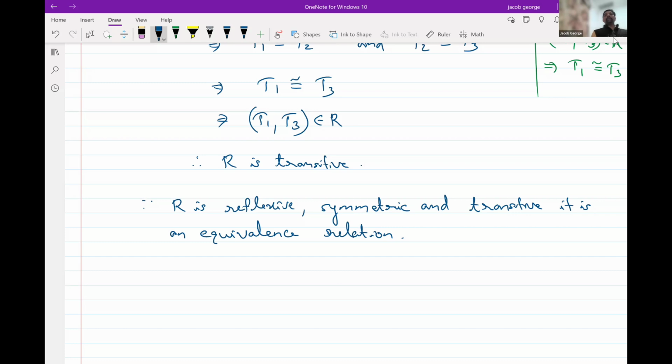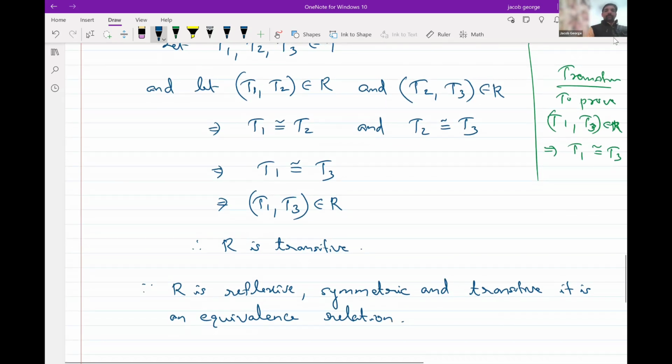Please write. Since R is reflexive, symmetric, and transitive, it is an equivalence relation. Yes. So this is the completion of this first question. Clear? Yes.